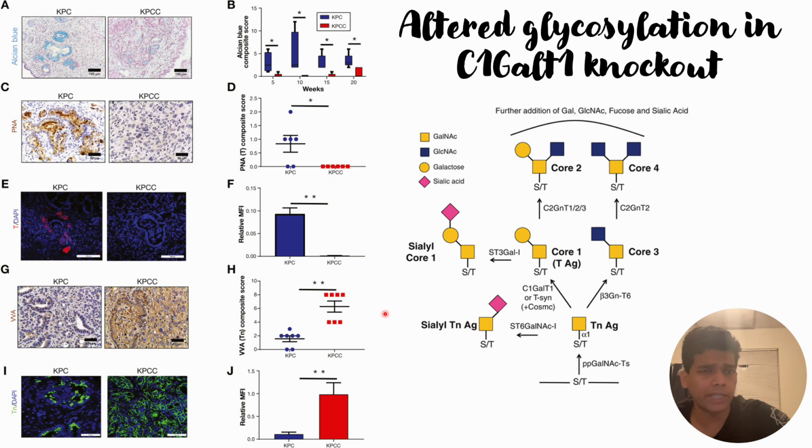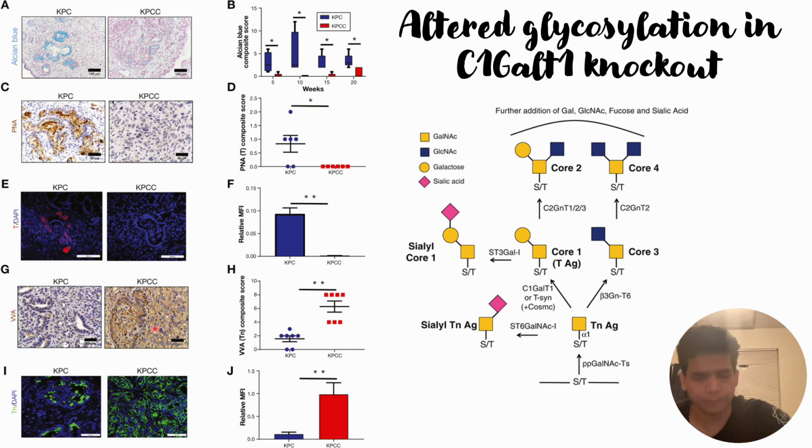And for this they did histology analysis using VVA lectin. VVA lectin is specific towards the Tn antigen, and here they can see that the VVA signals are quite high in the case of KPCC compared to the KPC mice models.